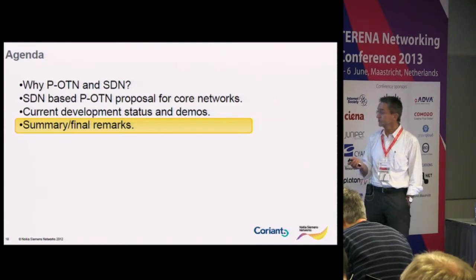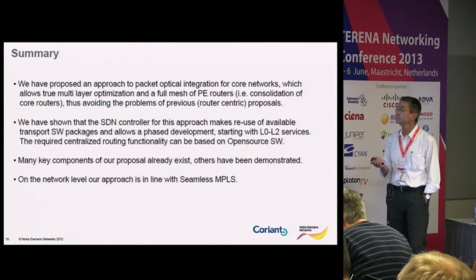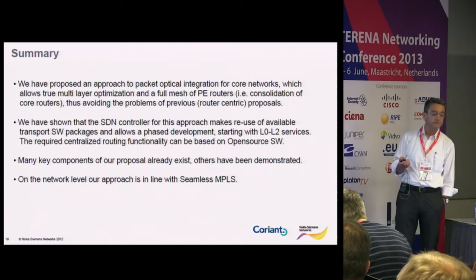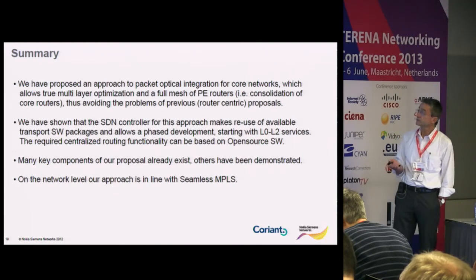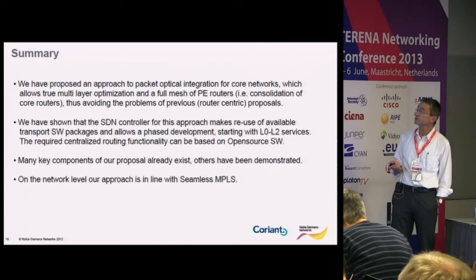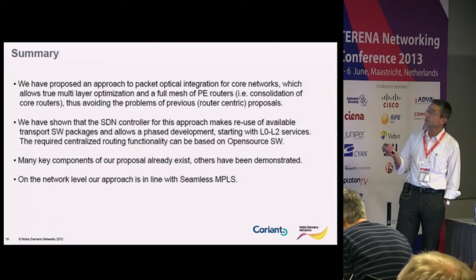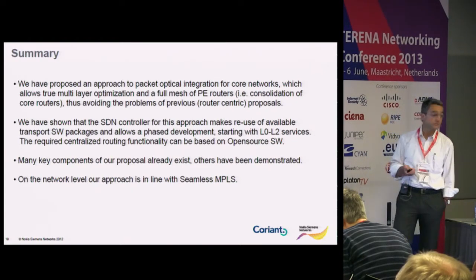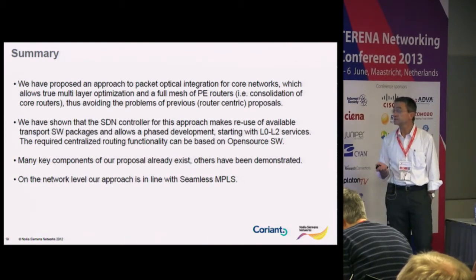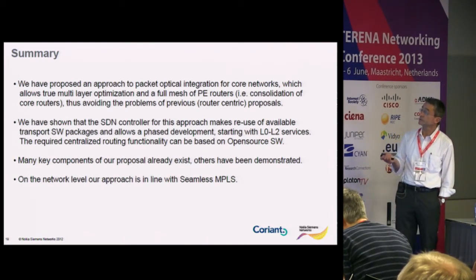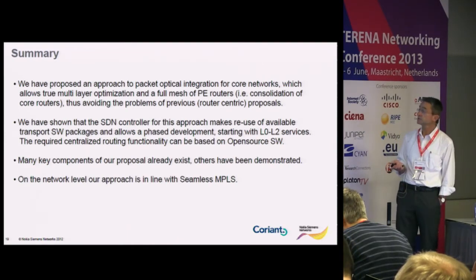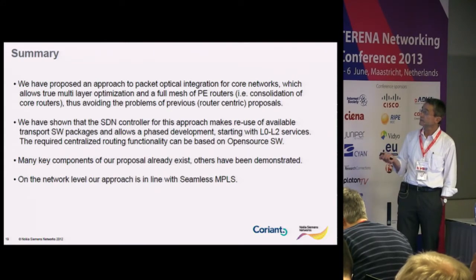So, just some summary final remarks. What we have done, we have proposed an approach to packet optical integration for core networks, which allows true multi-layer optimization in the full mesh of PE routers. This means consolidation of core routers, thus avoiding the problems of previous more router-centric proposals. We have shown that the SDN controller for this approach makes reuse of available transport software packages and allows a phased development starting with layer 0 to layer 2 services.